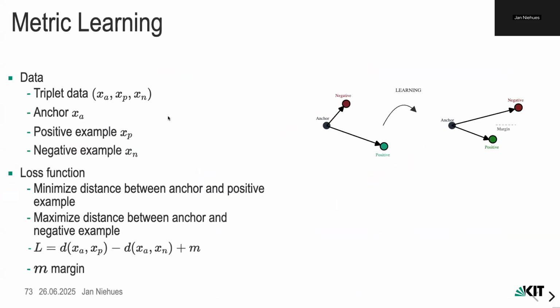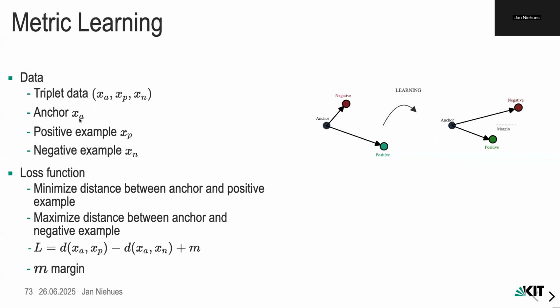The other thing is what is called metric learning. In metric learning, you don't have pairs, but triplets, and this has been shown to be more advantageous for this type of learning sometimes. So you have your anchor point XA, the one that you want to compare against.